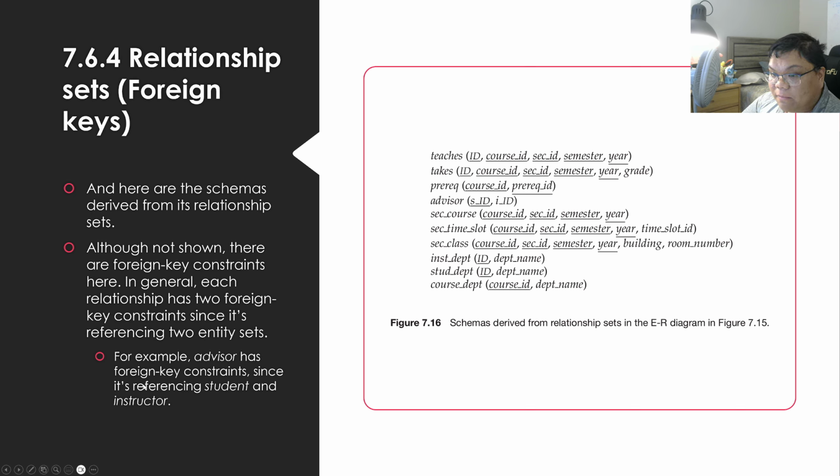So advisor has foreign key constraints since it's referencing student and instructor. Prereq also has a foreign key constraint because it's referencing course IDs. Teaches also has foreign key constraints because it's referencing a class section and an instructor. We can't add a teaching assignment unless the relevant instructor and section exist.